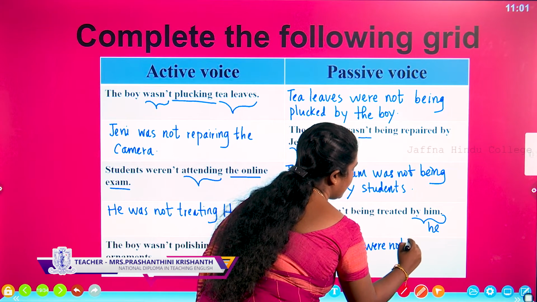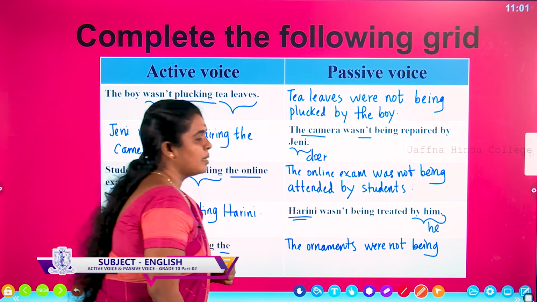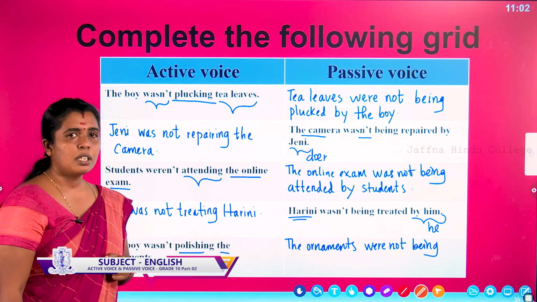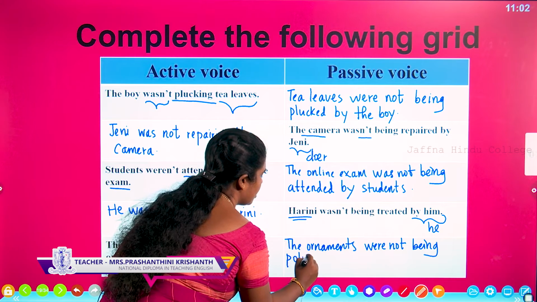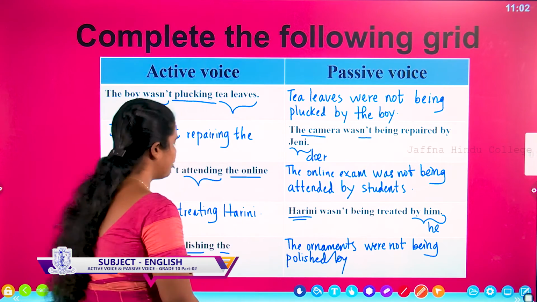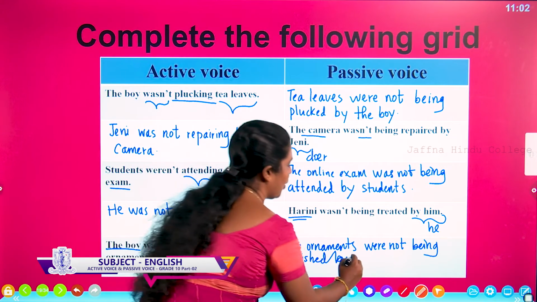Because there is plural, were not being. Past participle of the main verb, polish, polished, being polished by doer of this action, the boy, right? By the boy.